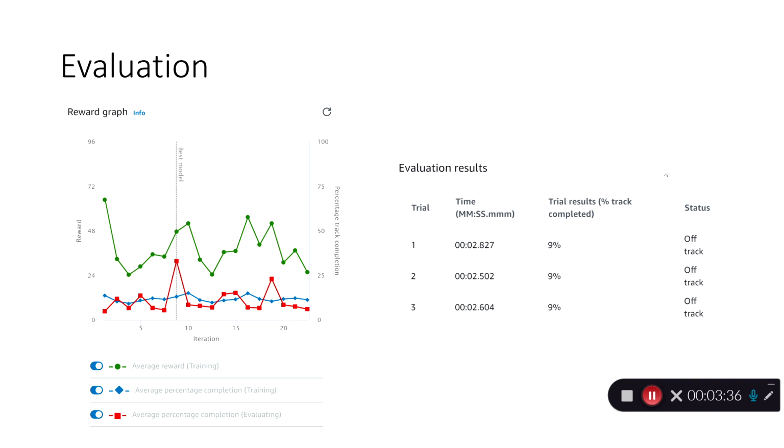However, the average percentage of the track that was completed was around 9%, and most of the time the agent went off track, unfortunately. The time it took to complete each of the trials was around 2 or 2.8 seconds.